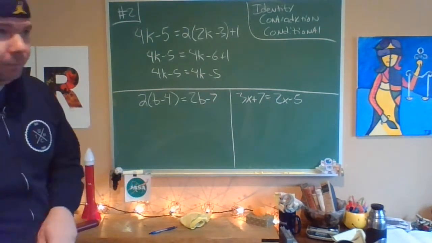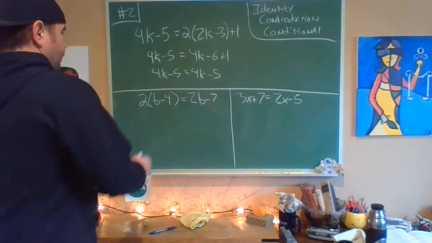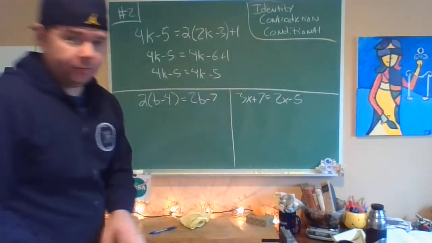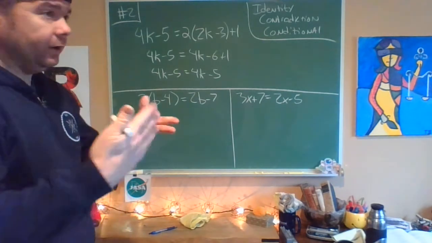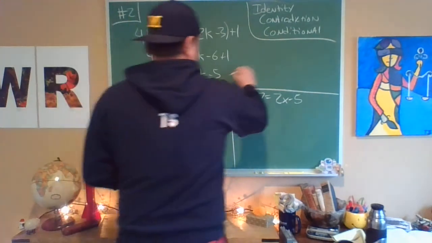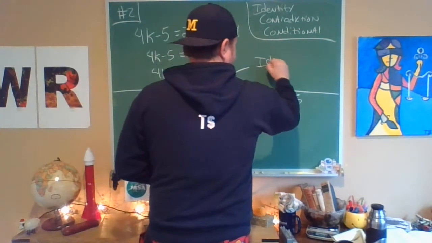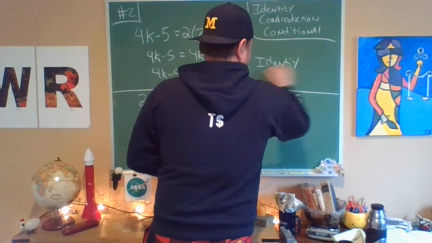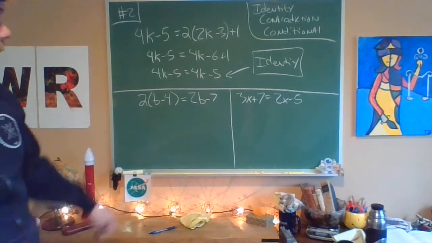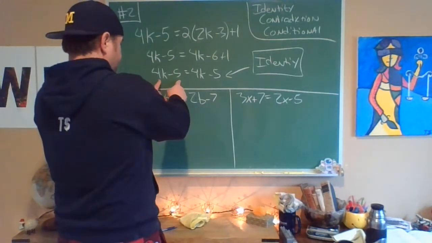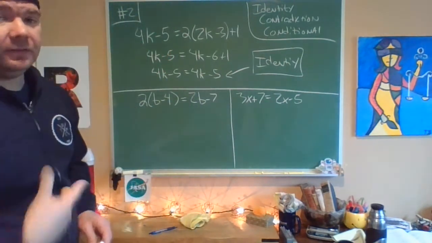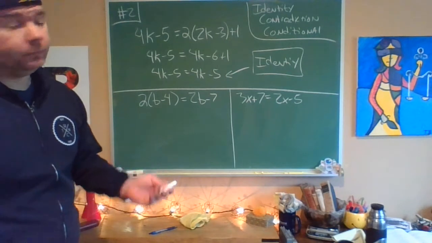So when you end up in a situation where the stuff on the left is exactly equal to the stuff on the right, where there's an infinite number of solutions, the type of equation that is, is called an identity. An identity is an equation in which everything on the left side is equal to everything on the right side. It's got an infinite number of solutions.